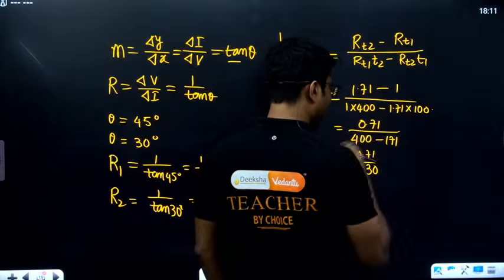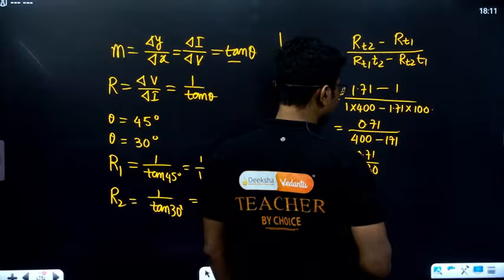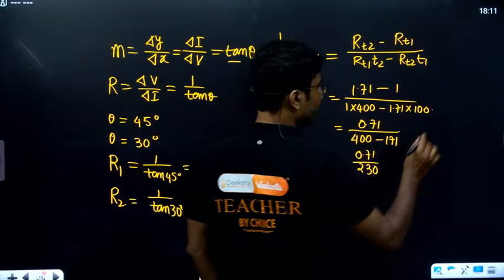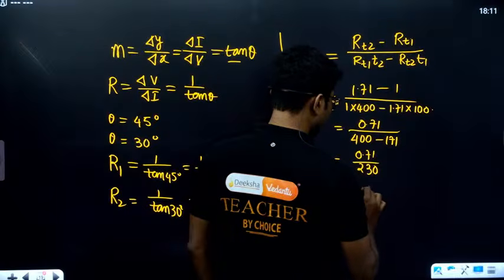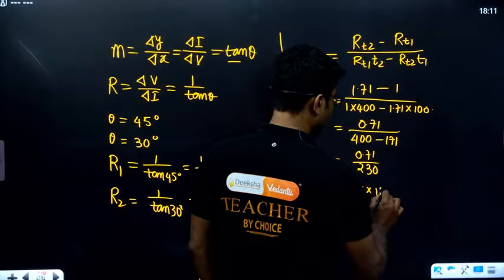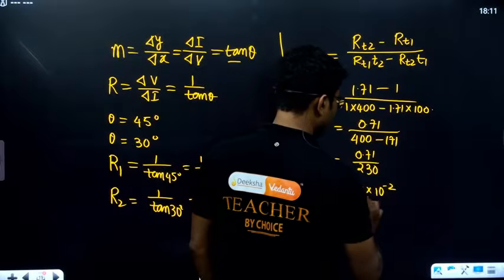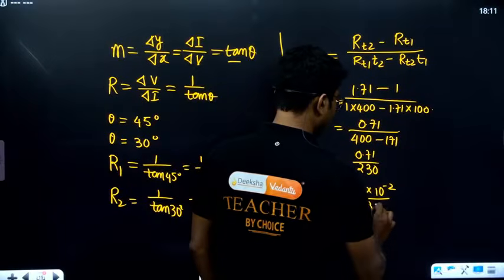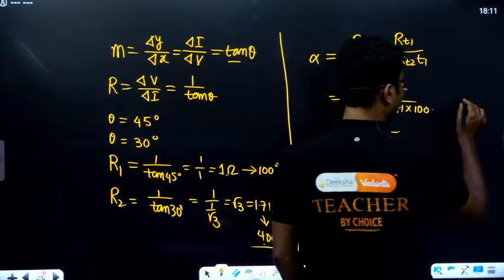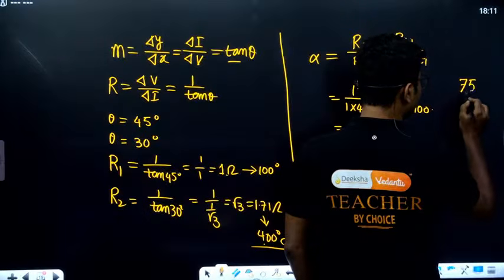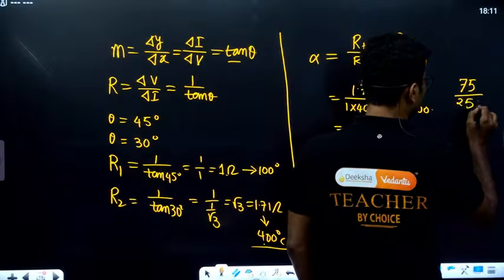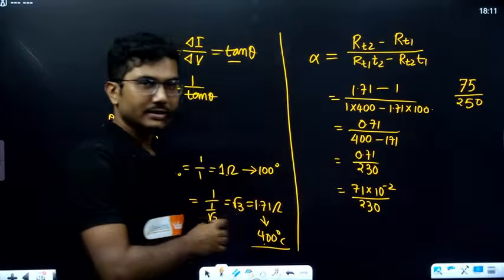Approximately, you can consider these values: 71 into 10 to the power minus 2 divided by 230. Now if you take this 230 closer to 250 and 71 closer to 75, basically we have increased both a little bit.